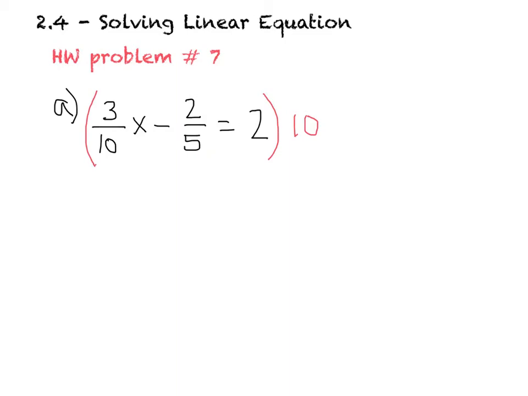So let's begin. Well, 2 times 10 is 20. 2/5 times 10 is 4. And finally, 3/10 times 10 is 3.